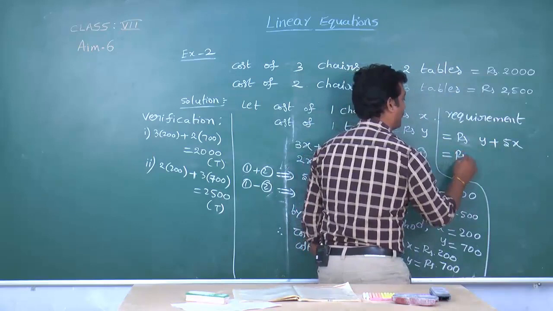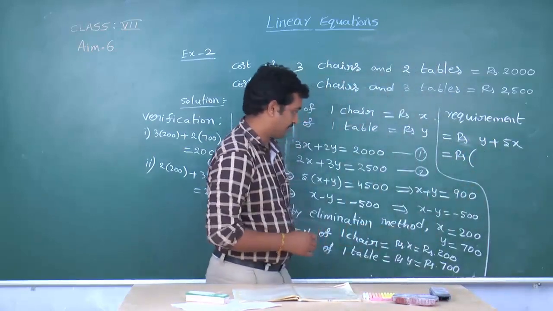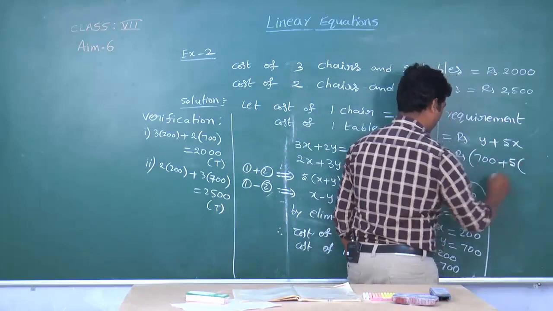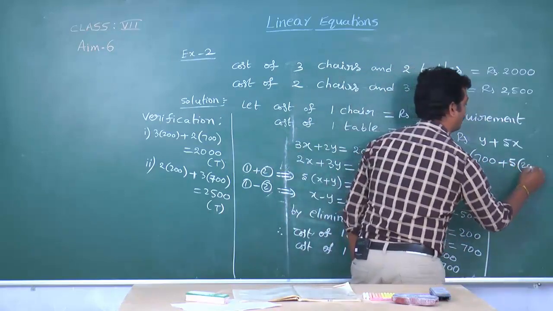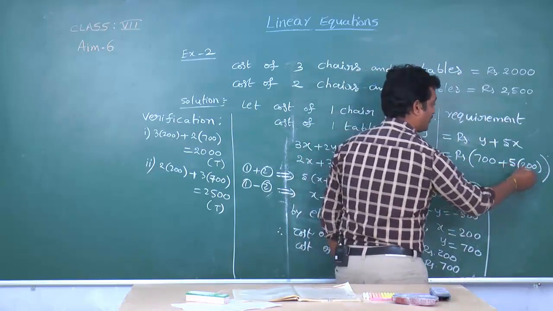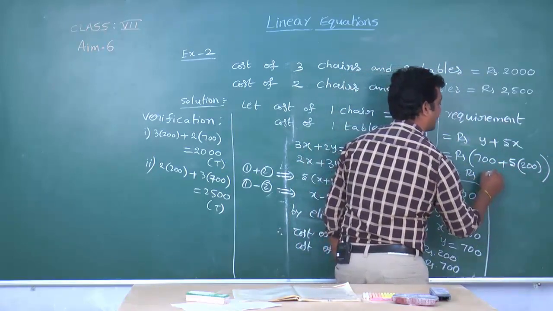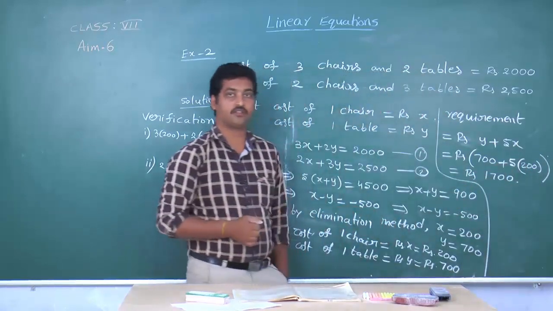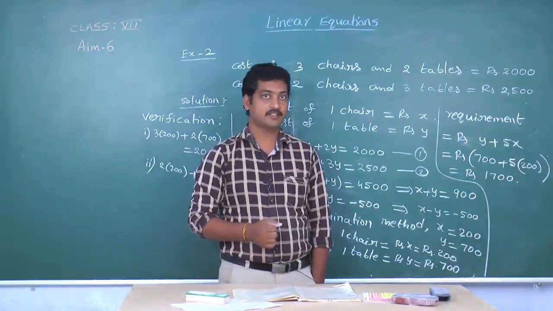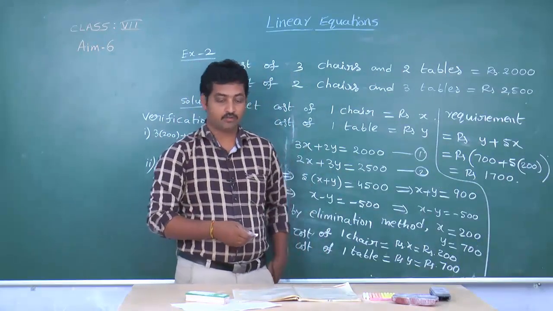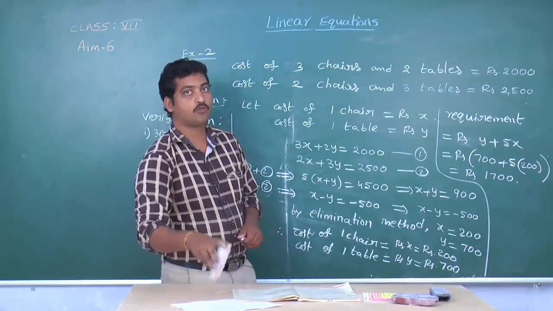Therefore, rupees, what is y? 700, plus 5 into what is x? 200. Therefore, totally 1000 plus 700, 1700. Therefore, the requirement is 1700 rupees. Okay, children? Now we are going to see one more model also.